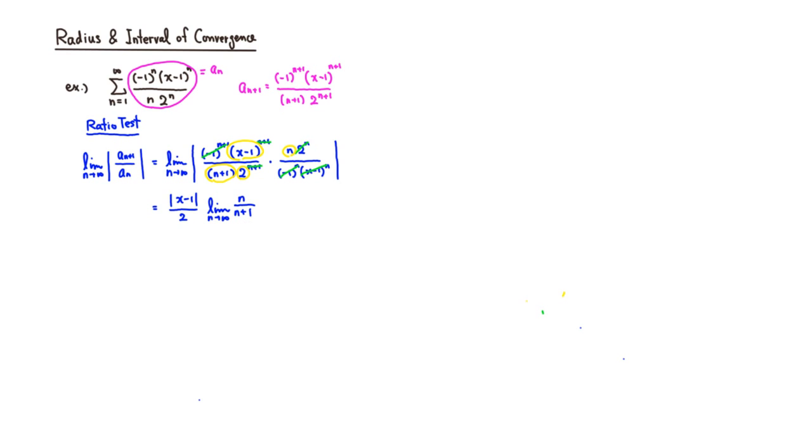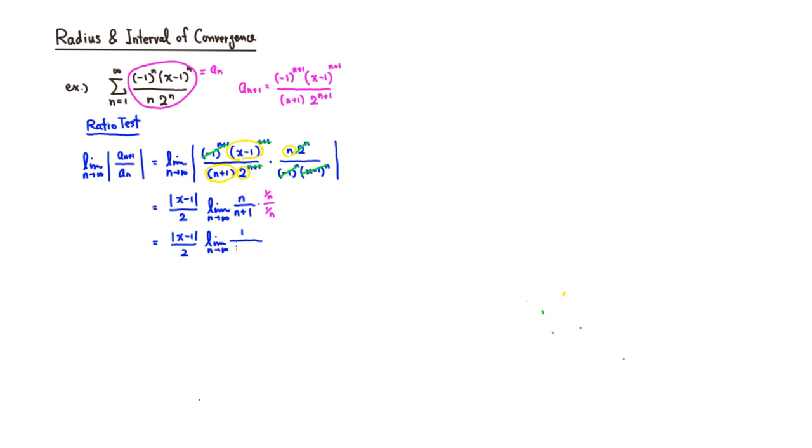Then we can take the limit. To do that, I'm going to divide top and bottom by n. That way, we have the constant, absolute value of x minus 1 over 2, and then the limit as n approaches infinity. n divided by n is 1 on top.